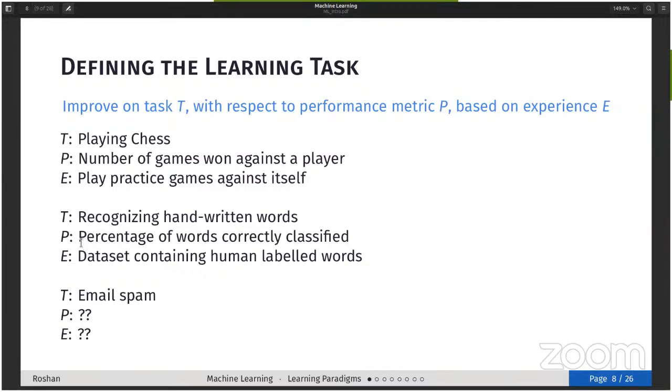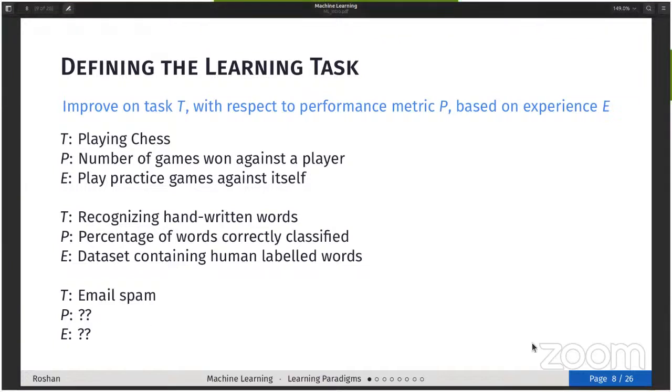It's easy. Just look at the previous task and you can actually guess what will be P and E here. Look at this and answer this. I don't see any answers.